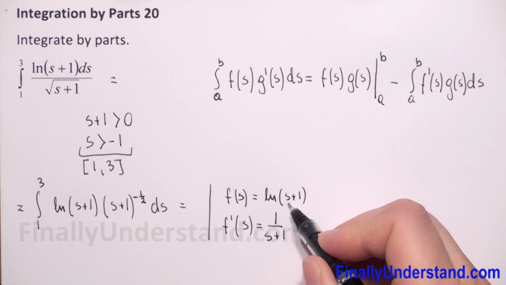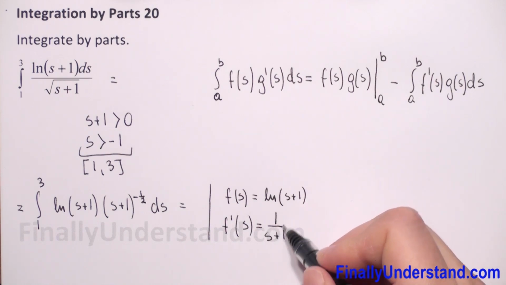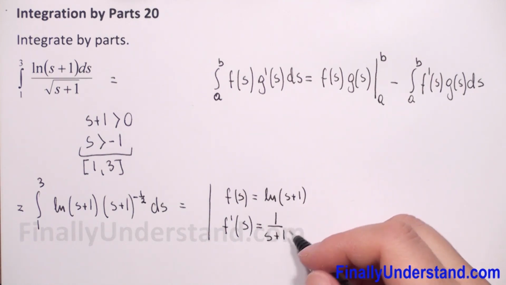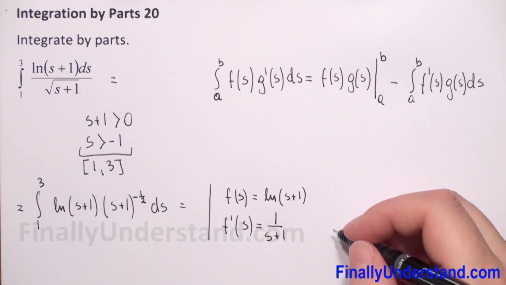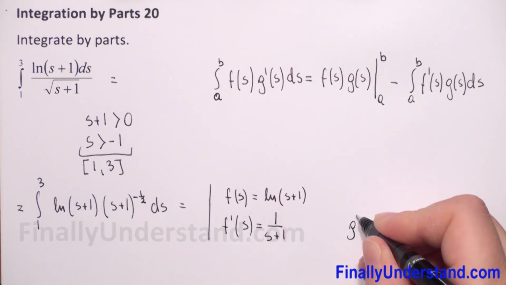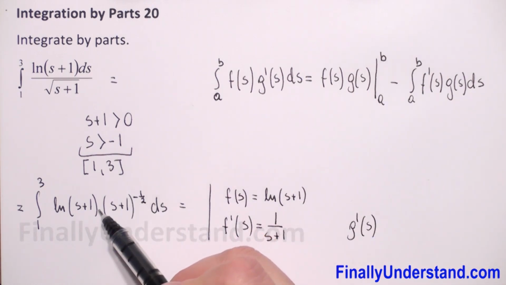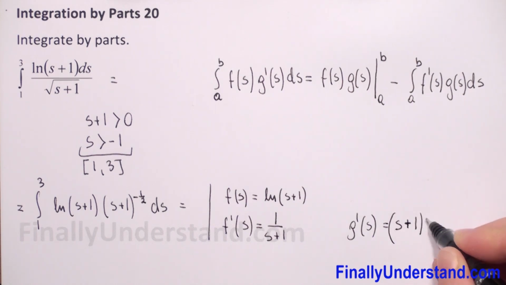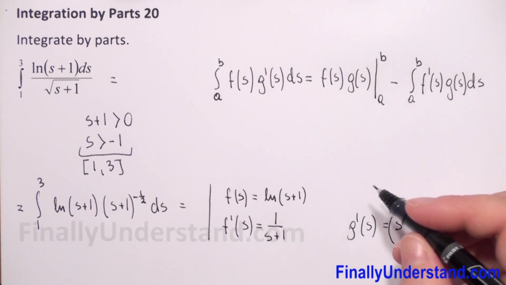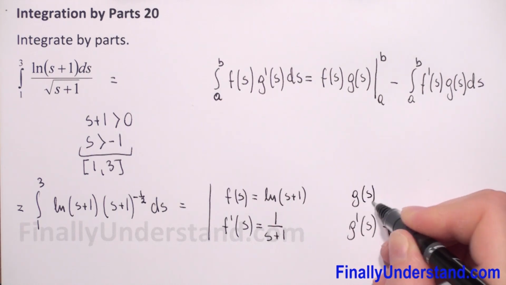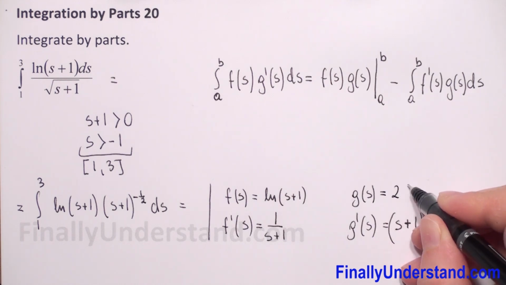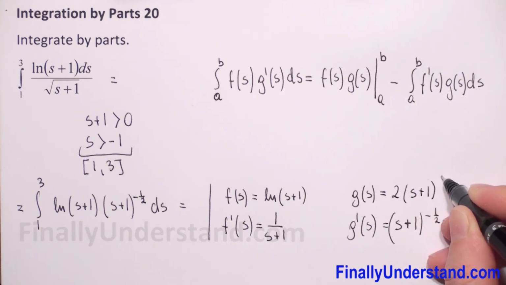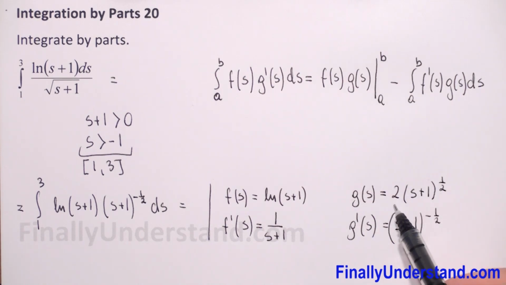Derivative of s is 1, derivative of 1 is 0, so 1 plus 0 will be 1, so times 1, it doesn't change anything. So this is our derivative. Next we have g prime of s, whatever we left, which is s plus 1 to power negative 1/2. Now we need to find antiderivative, so g of s is equal to 2 times s plus 1 to power 1/2, of course. If you take derivative of this expression, we will get exactly the same as what we have here.